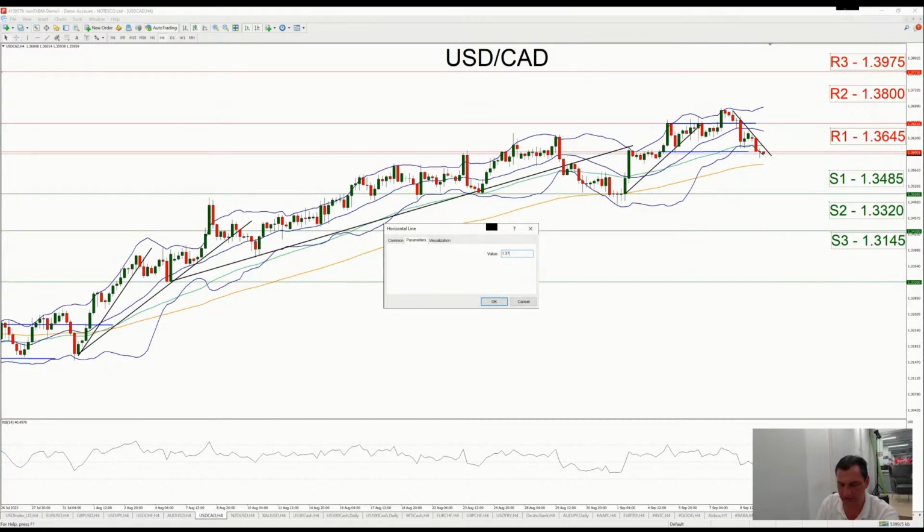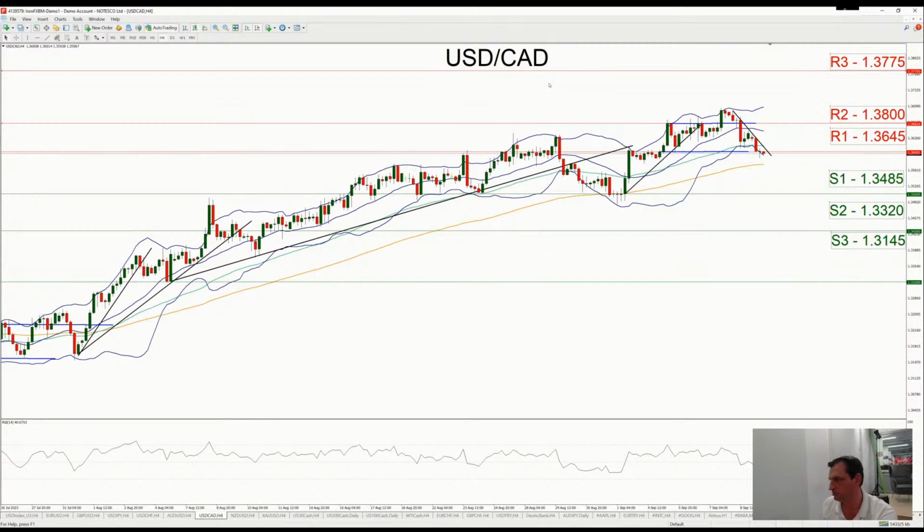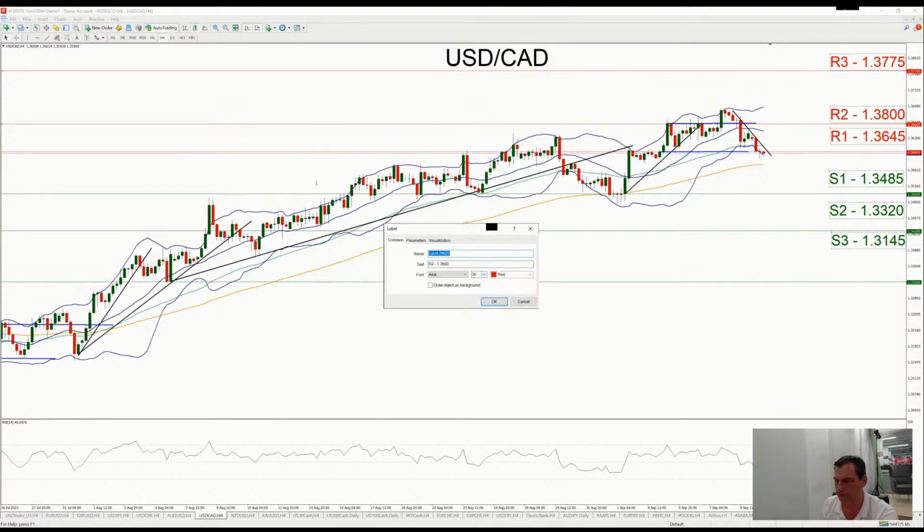Starting with the R3 at 1.3775. Moving now to the R2 at 1.3660. Moving to the R1, 1.36.